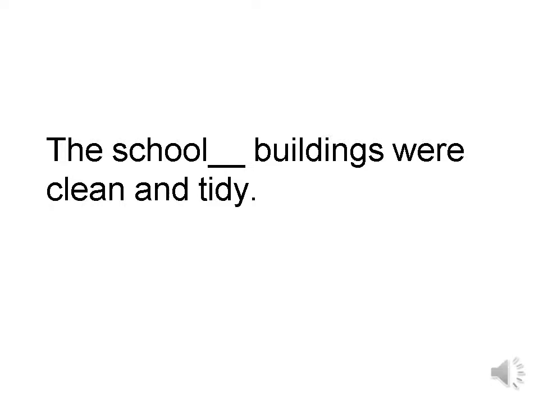Had I placed an S, then the apostrophe would go after the S, meaning more than one school. As it stands, it is one school, so therefore the spelling is S-C-H-O-O-L apostrophe S. The school's buildings were clean and tidy. One school with a number of buildings belonging to it.